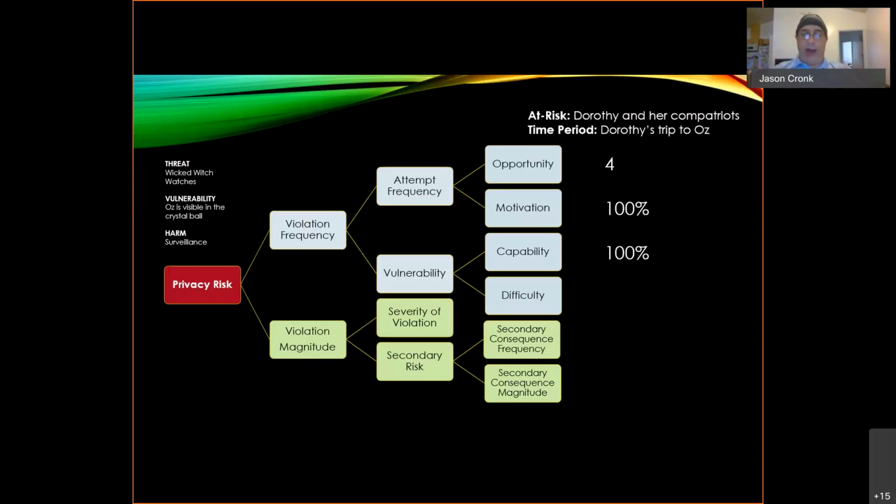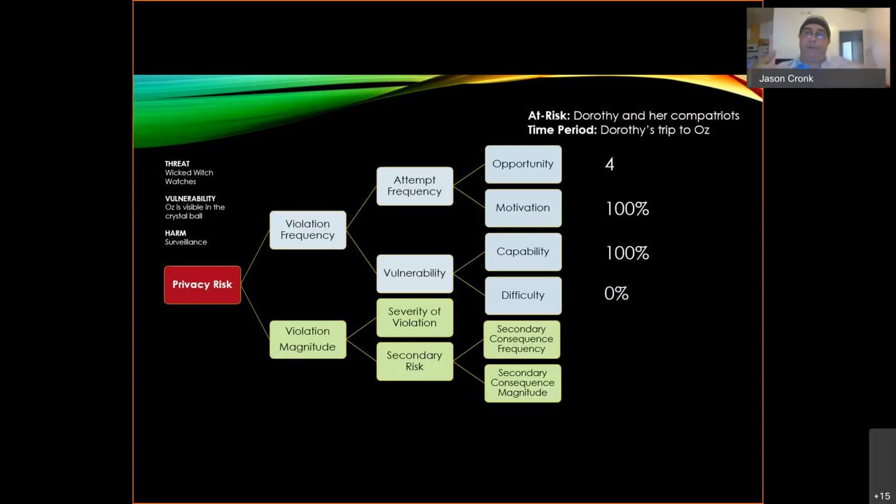Now, what about capability? Again, she has the crystal ball. It appears to be able to see throughout, so that's a very good resource in her camp. So we're going to give her 100% capability. What about difficulty? We haven't put anything in place. Dorothy's not hiding under an invisible cloak like Frodo did in Lord of the Rings.